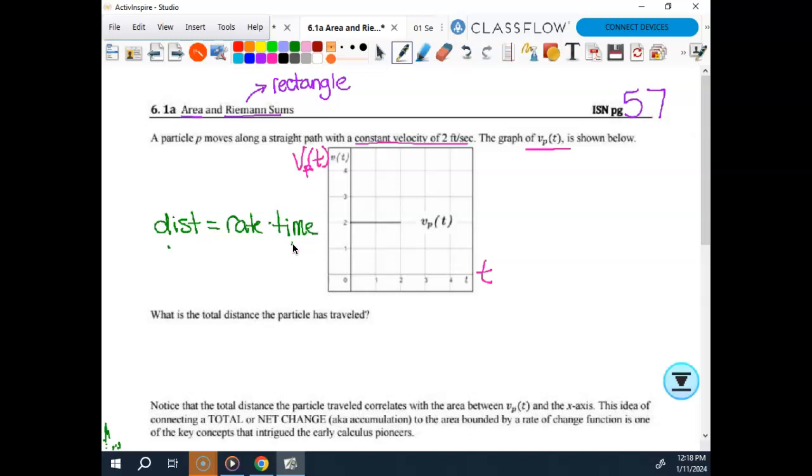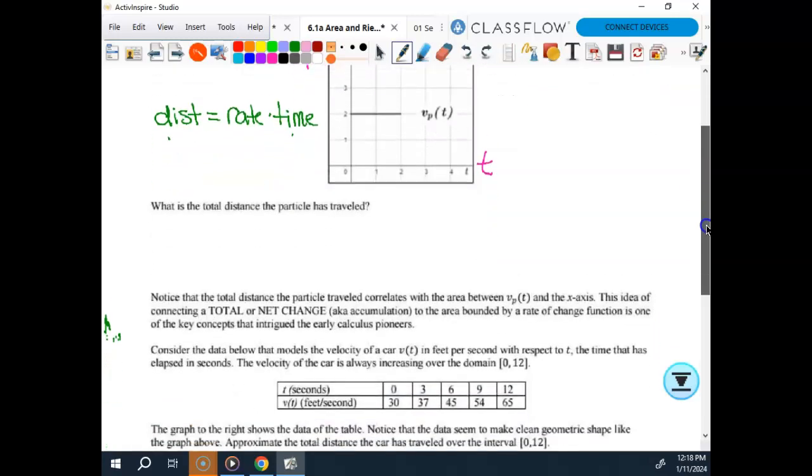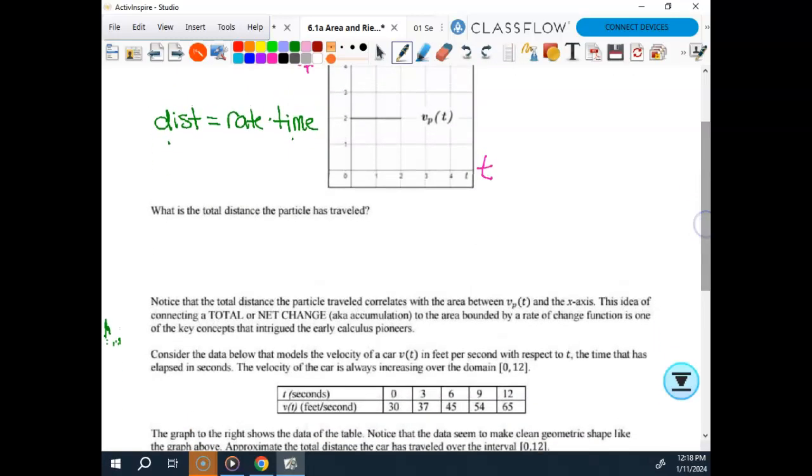All right, so I'm looking for the total distance the particle has traveled. When I look at this and I want my total distance, I'm going to take my velocity, which is v sub p of t, and this right here is my rate, my velocity, times the time, and the time in this case is t.